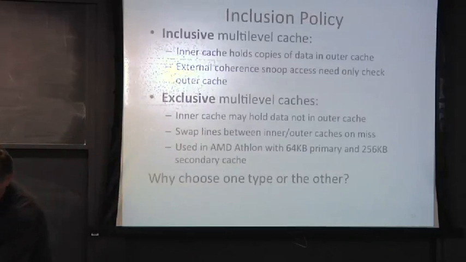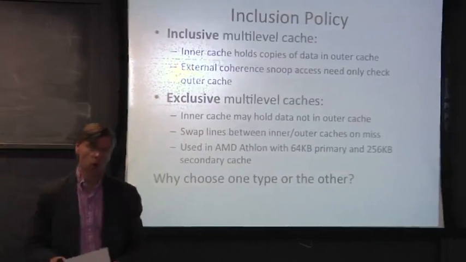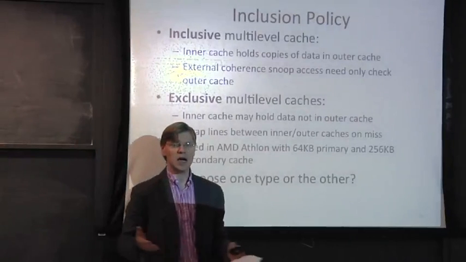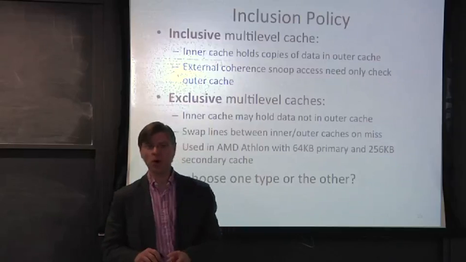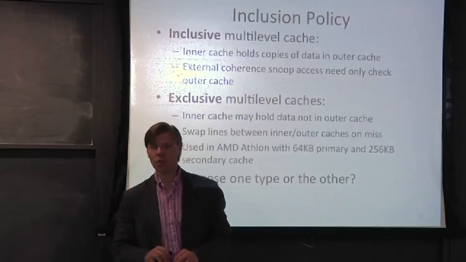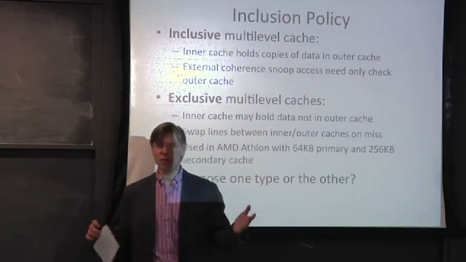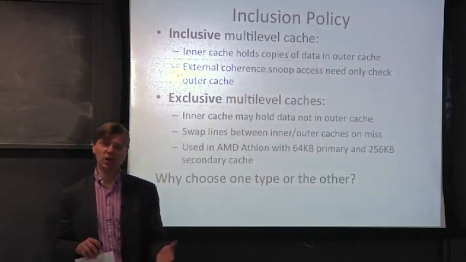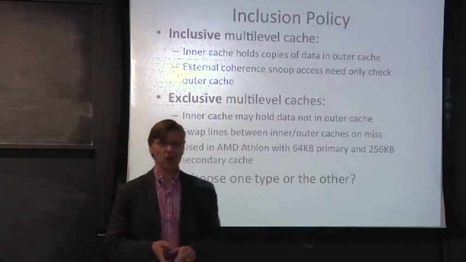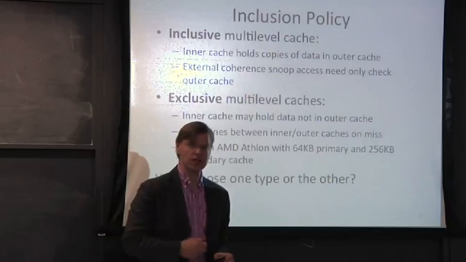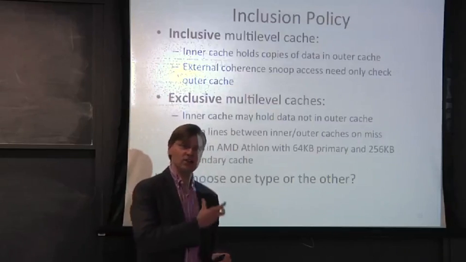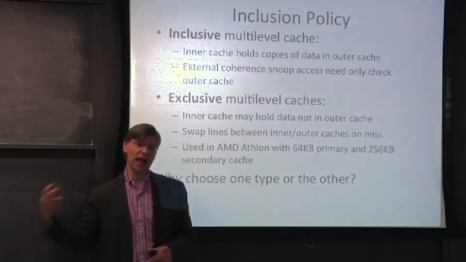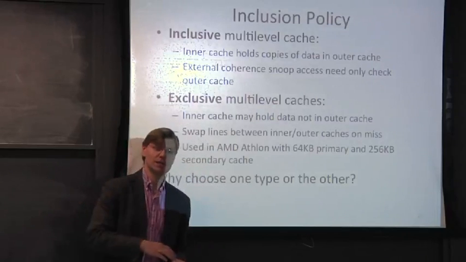OK, how else does this occur? How else does a level 1 and level 2 design commingle together? Well, there's a question that comes up of what is the inclusion policy? Now that we have multiple levels of cache, we can think about having the lower level, let's say the level 1, having a certain piece of data, and the level 2 either having that same piece of data or not.